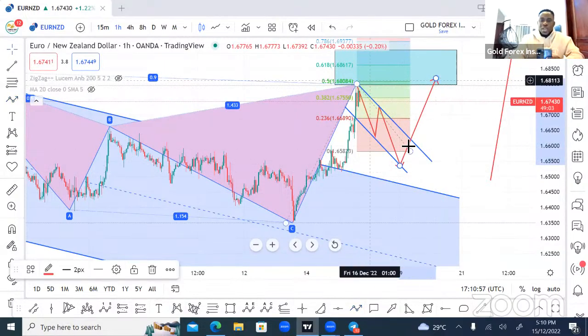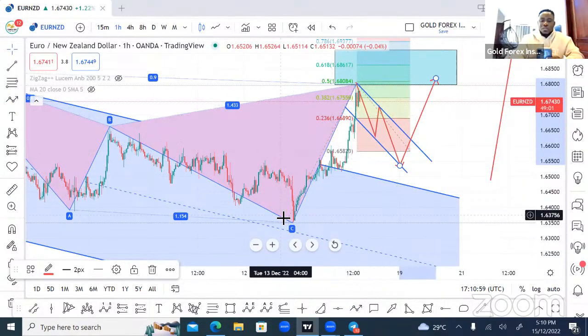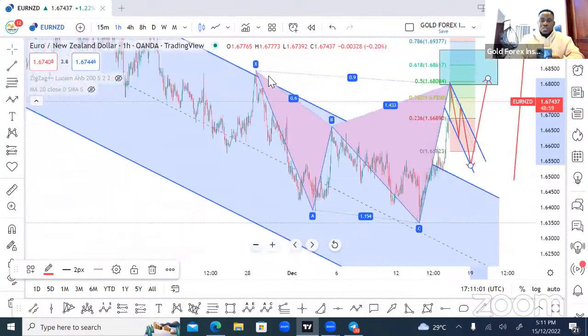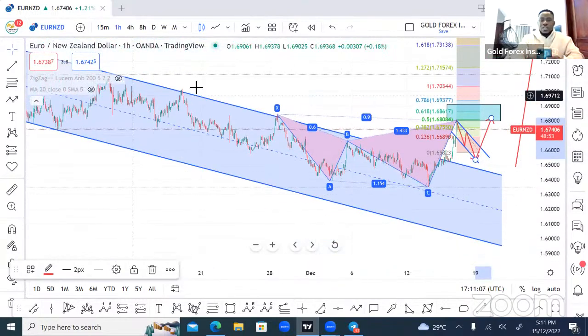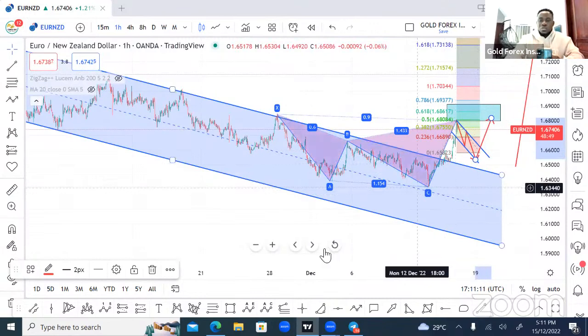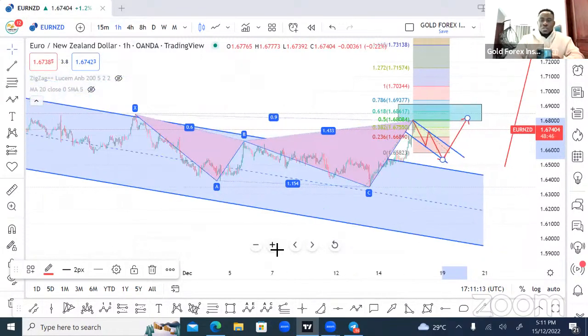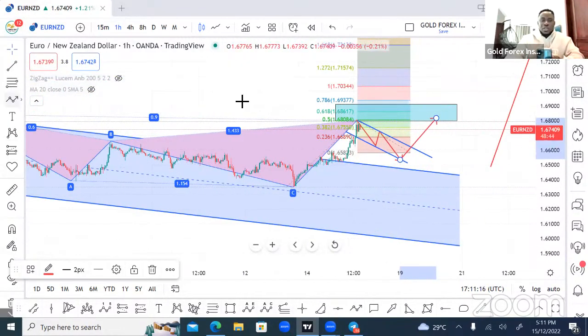So this will be the retest of the breakout of the major trend line over here. Okay, this whole trend line. This will be the retest. So we are just looking for that good correction and jump on.